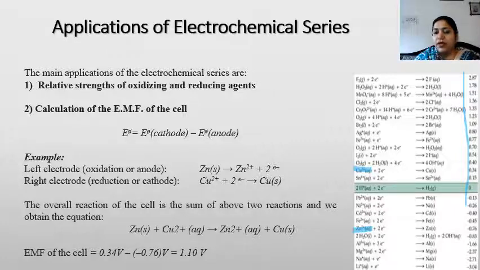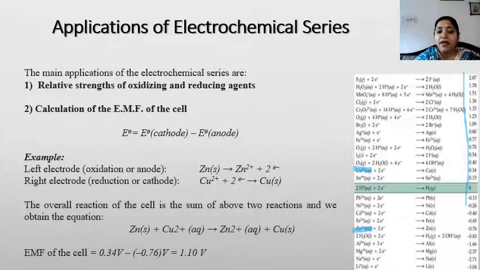From the table you can easily determine which one will get reduced and which one will get oxidized. The element which can be oxidized will act as anode and the element which can be reduced will act as cathode. Then by putting the values of their electrode potentials we can calculate the EMF of the cell.